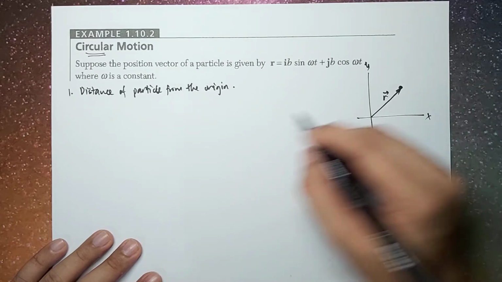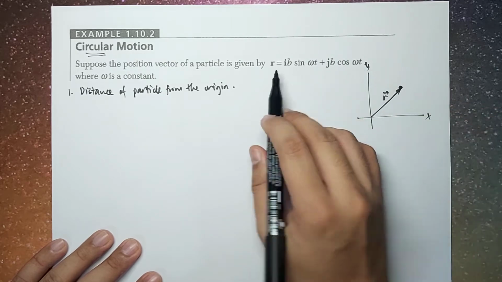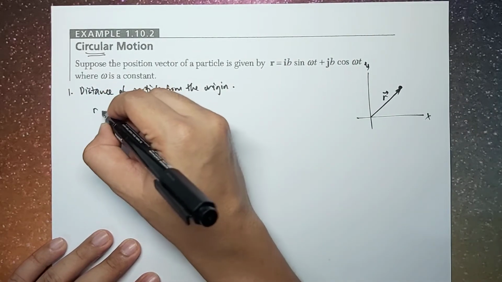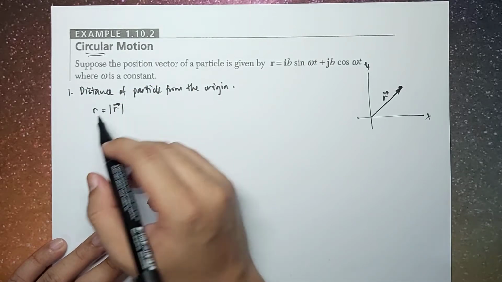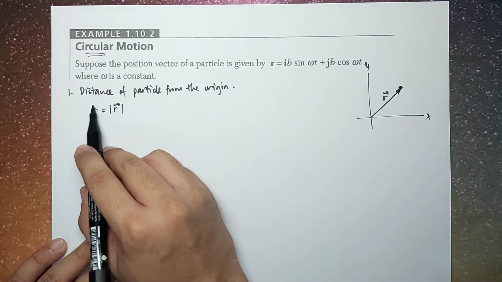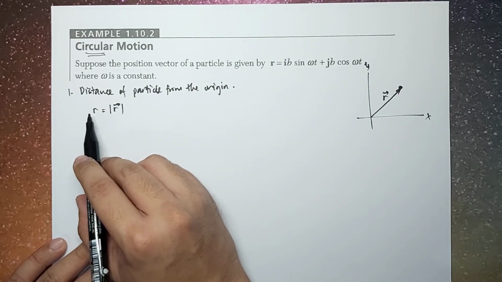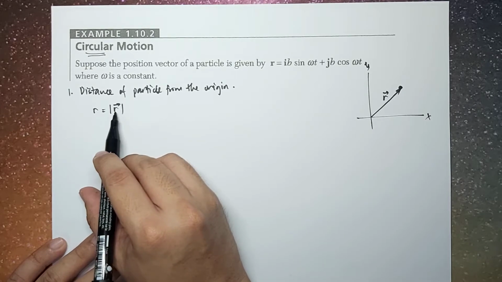The distance of the particle from the origin will just be the magnitude of this position vector. Sometimes we write this as the absolute value of r vector, or simply r. When you see r without a vector sign, that means we are talking about a scalar quantity, in this case the magnitude of the position vector.